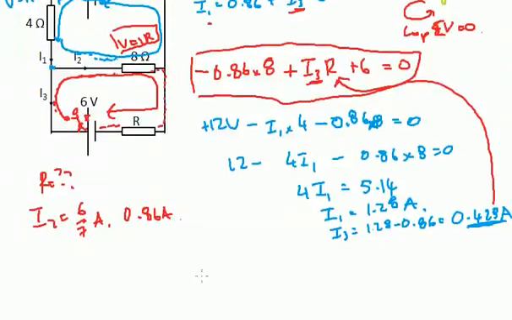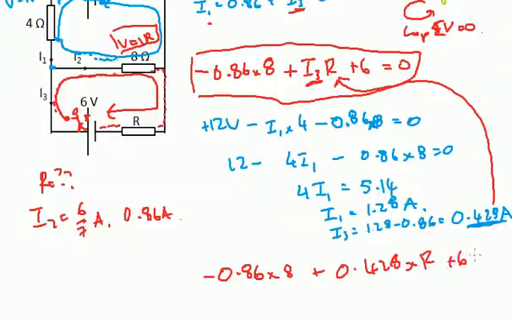So now I can put it in, and I've got negative 0.86 times 8 plus, I now know I3, which is here, which was 0.428 times R plus 6 equals 0. And when I rearrange that, do the math to rearrange that, I get R equals 2 ohms. Done.